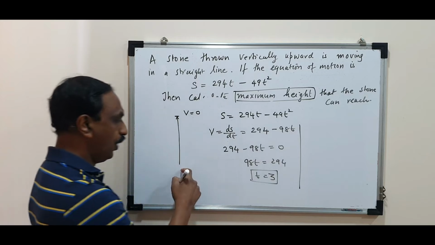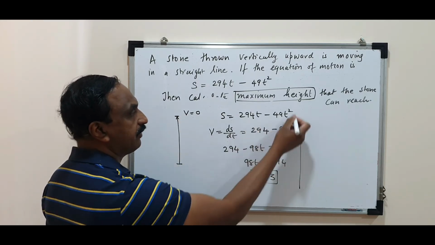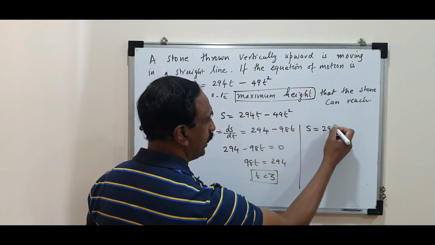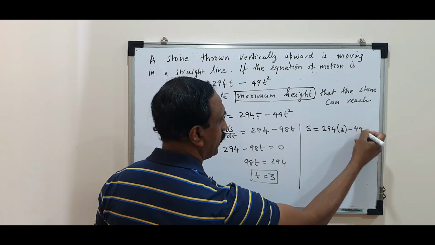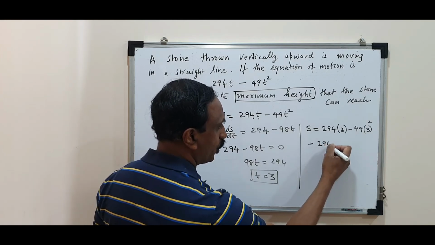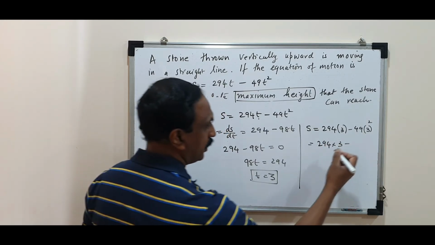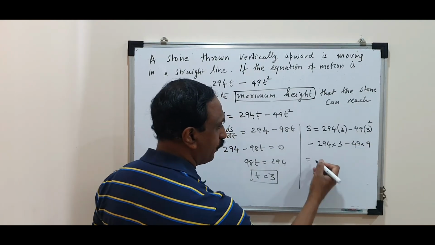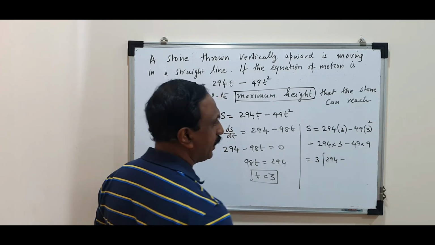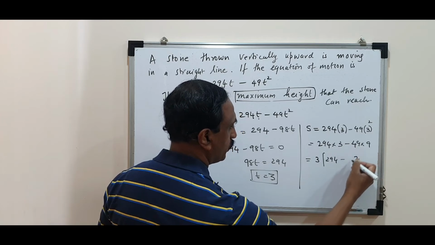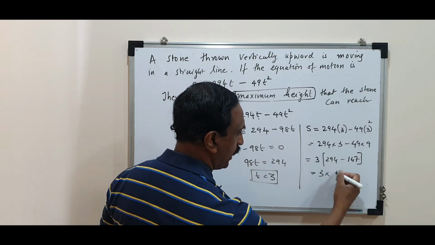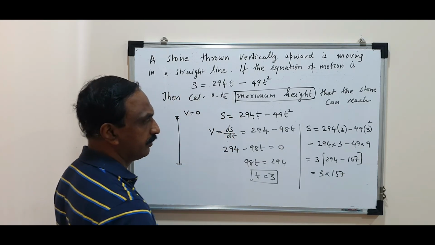At that time, how much distance would have been covered? That is given by this formula. So I need to replace t by 3 here. So s will be 294 into 3 minus 49 into 3 square. That gives me 294 into 3 minus 49 into 9. It is easy for me to calculate by taking a 3 common: 3 times (294 minus 49 into 3), which is 3 times 147.